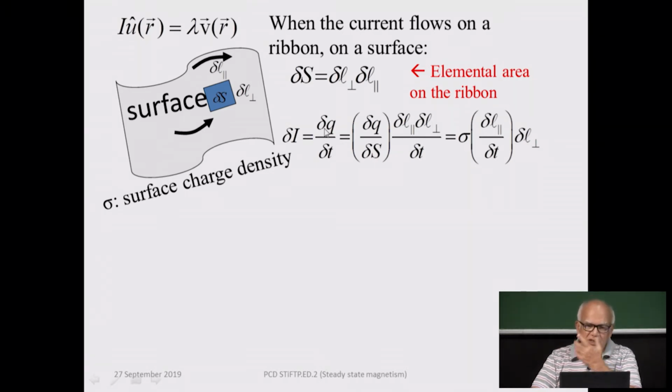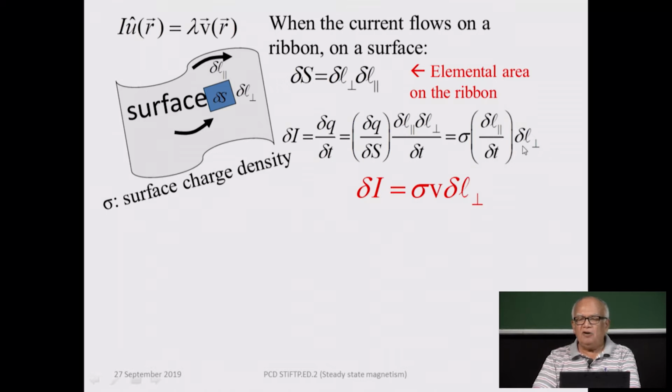So, the current, which is delta Q by delta T, you can write as delta Q by delta S and delta S by delta T. So, you are dividing and multiplying by the tiny surface element, and then delta L parallel by delta T is the velocity, the speed of the charge, right, and delta Q by delta S is nothing but the surface charge density. So, that gives you current as sigma V delta L perpendicular, all right.